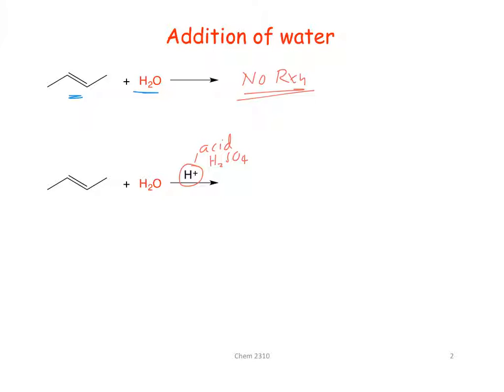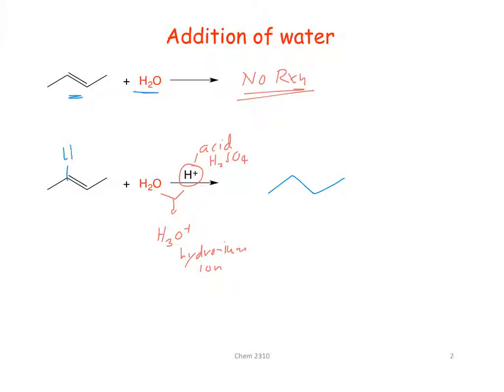We usually won't designate the specific acid, but we can use H+, or we know that if we put a strong acid in water, we get H3O+, which is hydronium ion. So with hydronium ion, or a strong acid, we can get a hydration reaction to take place.